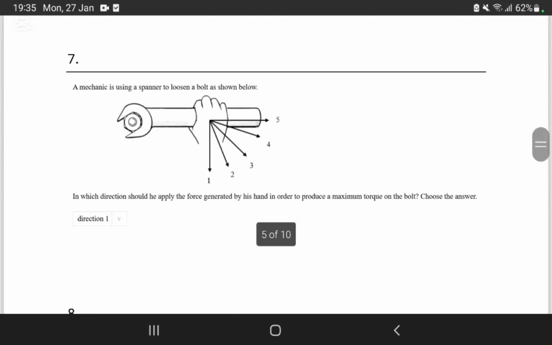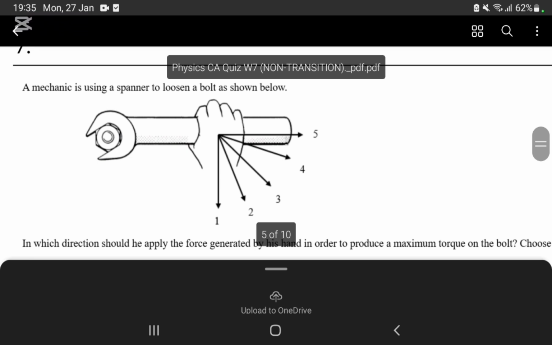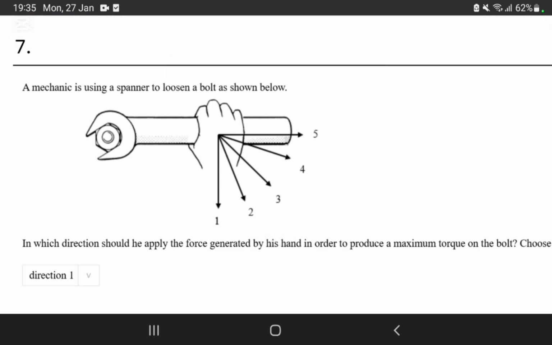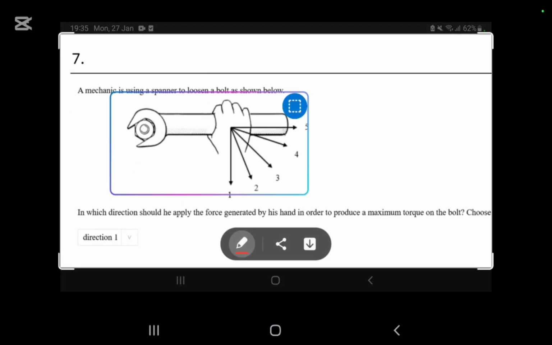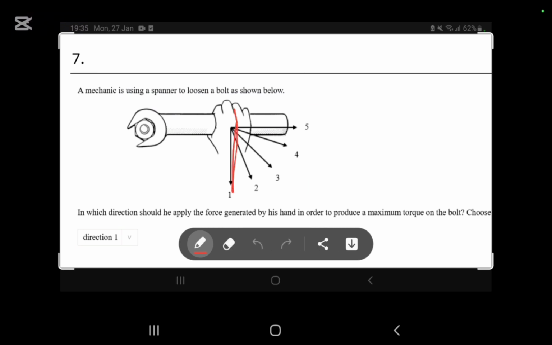Number 7. In which direction should he apply the force? A mechanic is using a spanner to loosen a bolt as shown below. In which direction should he apply the force generated by his hand in order to produce a maximum torque on the bolt? As we know from the start of the chapter, the way we can get the most torque is by making the force perpendicular to the point of action.